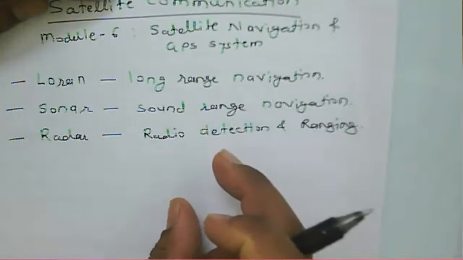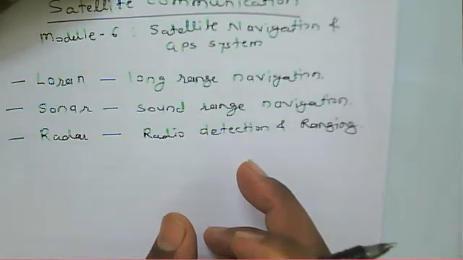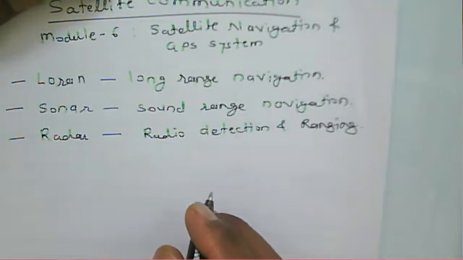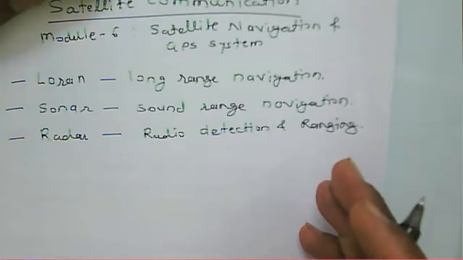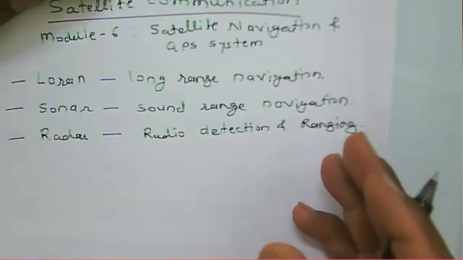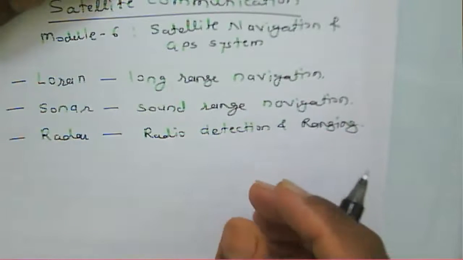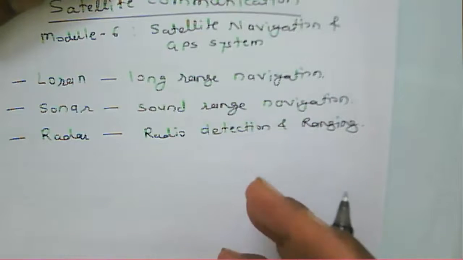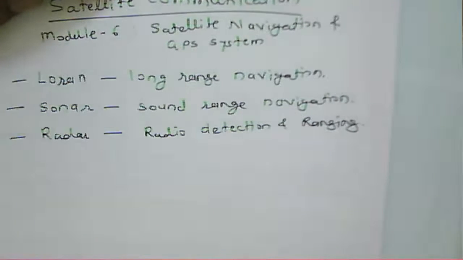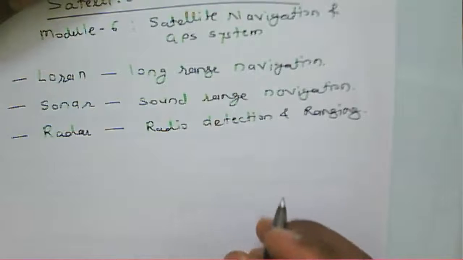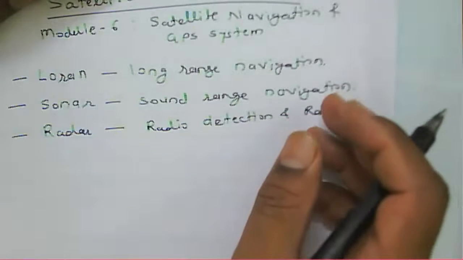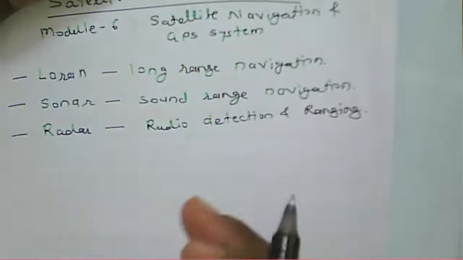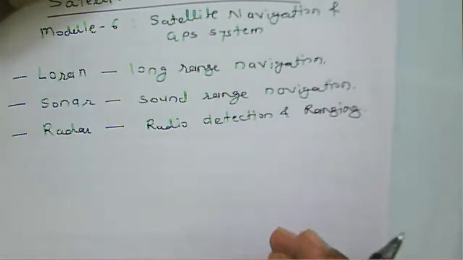Then we need an accurate timing measuring instrument, so that we can easily obtain the position of that particular object, and the timing required for the signal to reach that particular place.